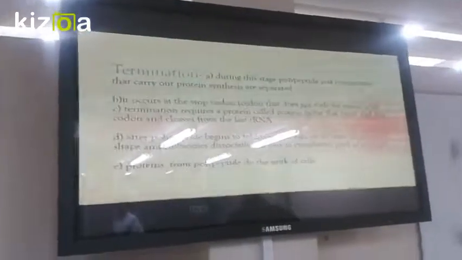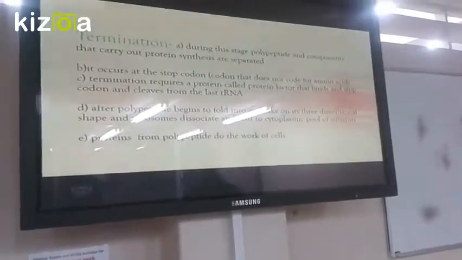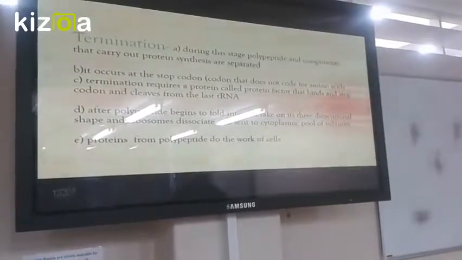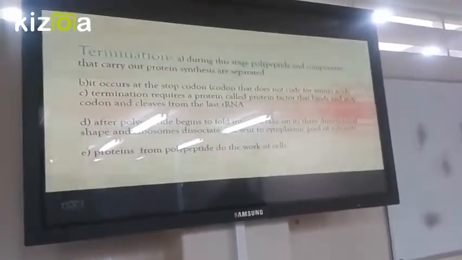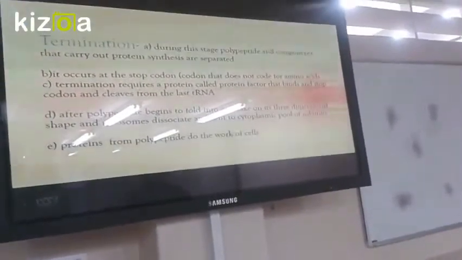And then termination, which is the last stage. During this stage, the polypeptide and the components that carry out protein synthesis are separated, meaning they go different ways. It occurs at the stop codon, a codon that does not code for an amino acid.